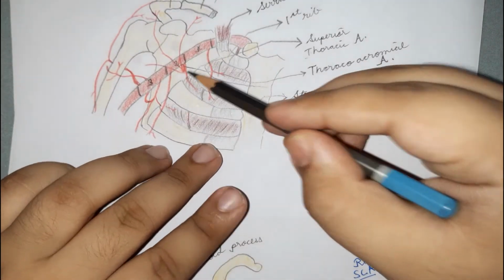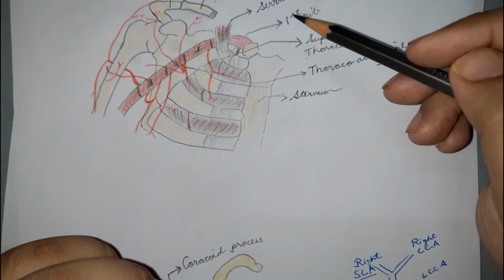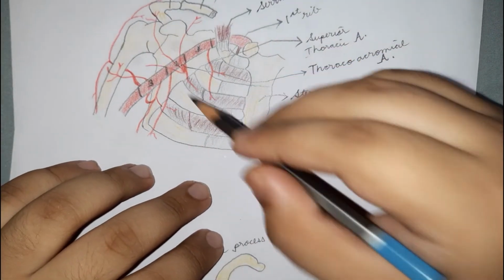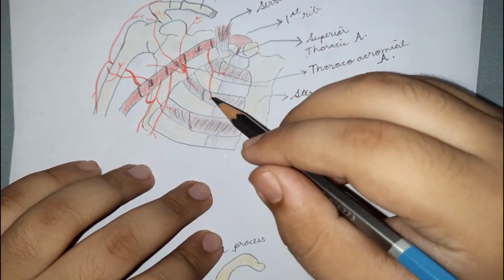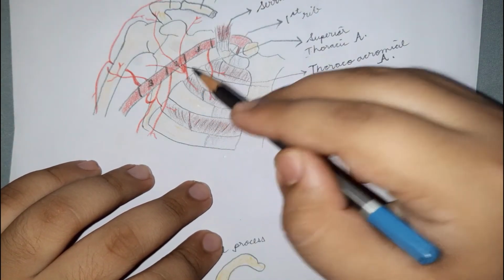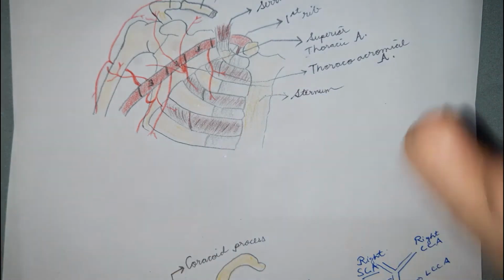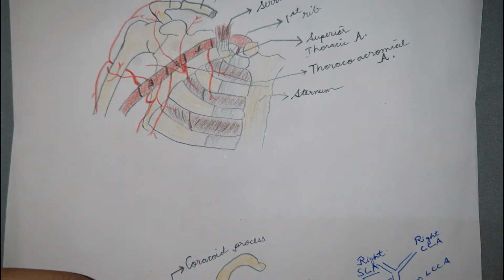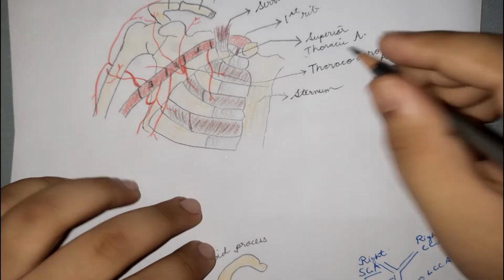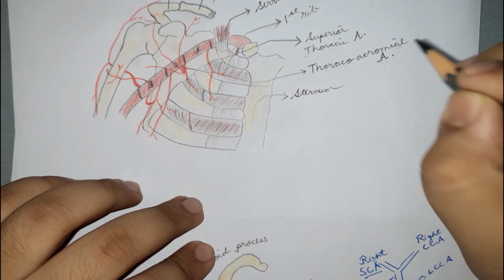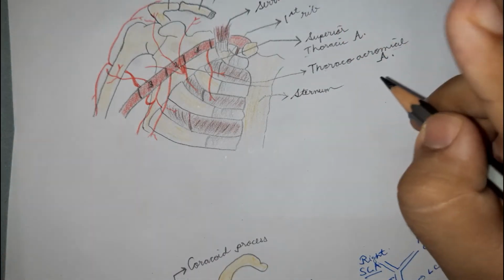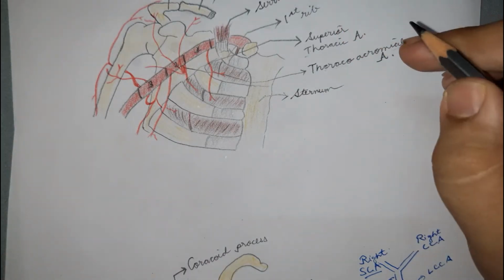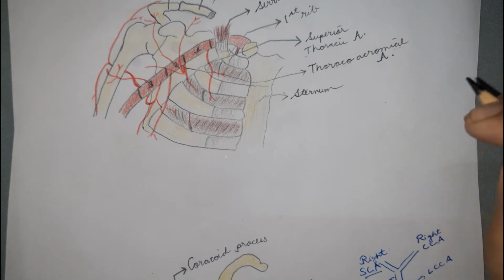This thick thoracoacromial artery emerges at a very important point from the second part. It actually emerges from the upper margin of the pectoralis minor muscle. Another very important thing about this artery is that it is one of the structures which pierces the clavipectoral fascia.